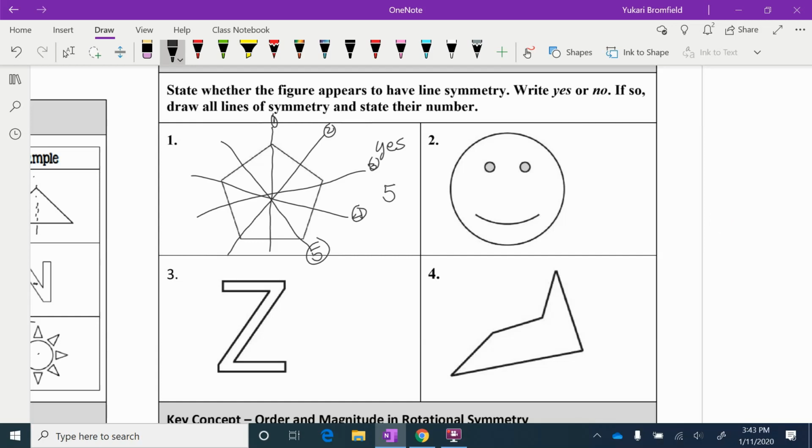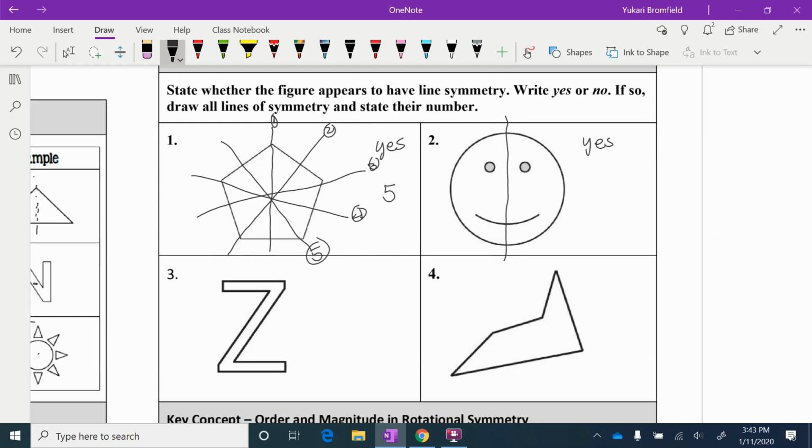Okay, so for number 2, here's a smiley face, and I could draw a line right through the vertical, and if you fold it, it would be the same, or the shape would overlap, and so it does have a line of symmetry. And the question is, does it have any more than that?